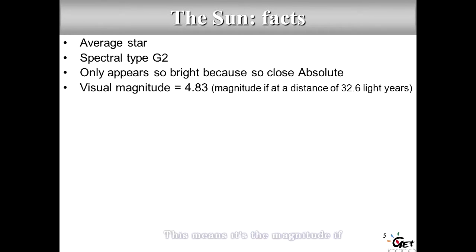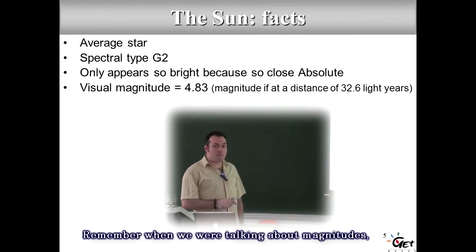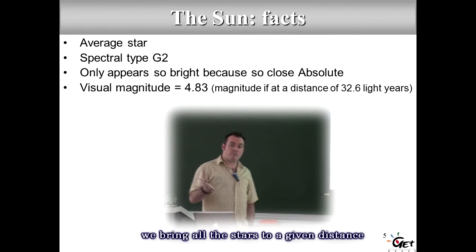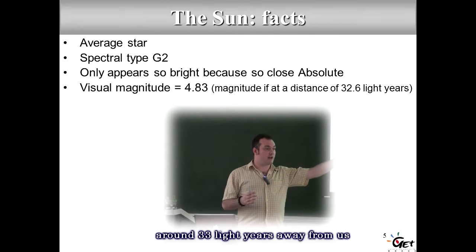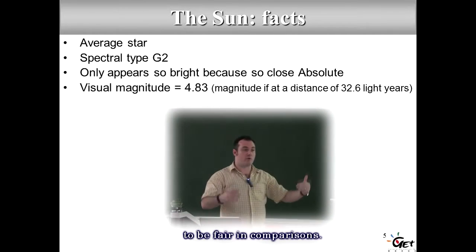That is the magnitude if it was at a distance of 10 parsec, or 32.6 light years. So you remember when we were talking about magnitudes, we bring all the stars to a given distance, around 33 light years away from us, to be fair in comparisons.